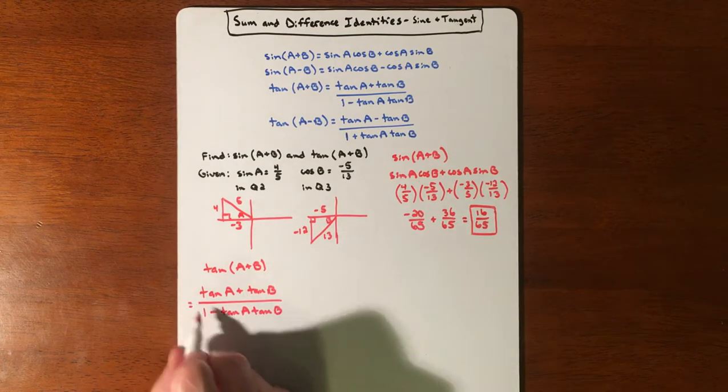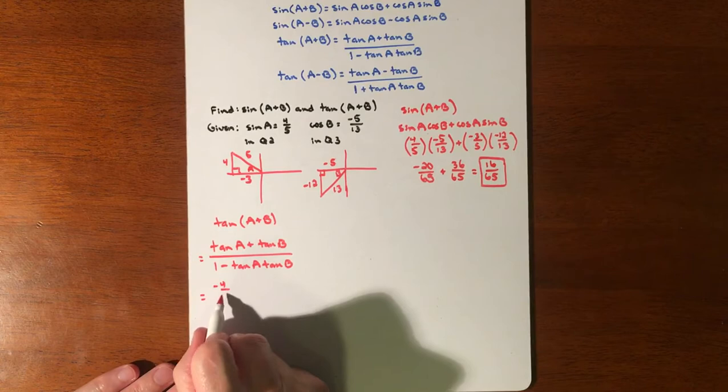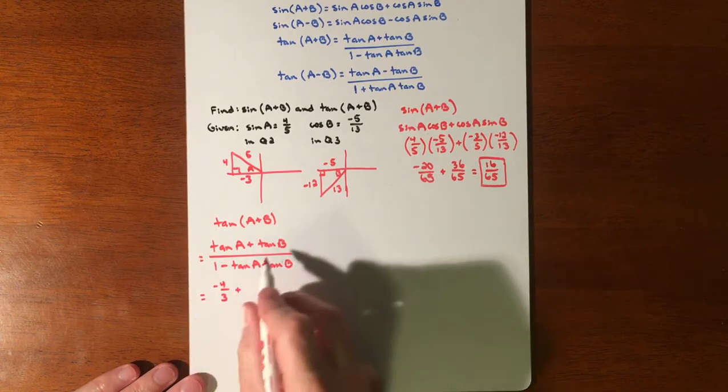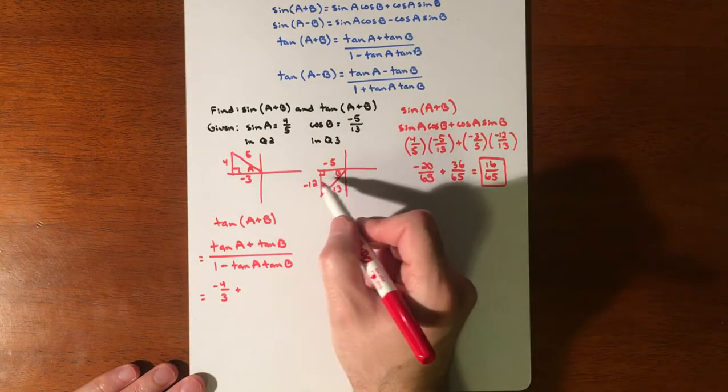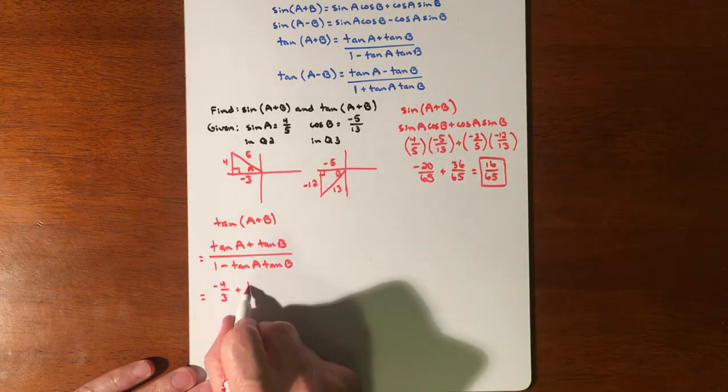So that's just going to get us a negative 4/3 plus tangent of B is negative 12 over negative 5, so it's just 12/5.